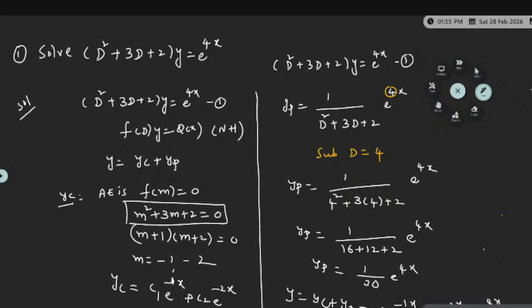Zoom. Someone who is in the front side, can you please zoom the screen? Zoom out or zoom in? Zoom in.